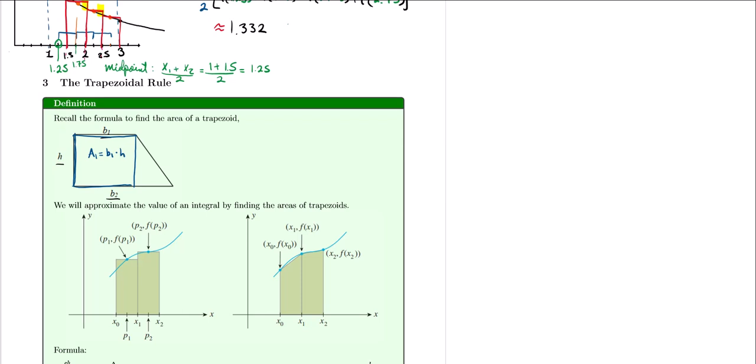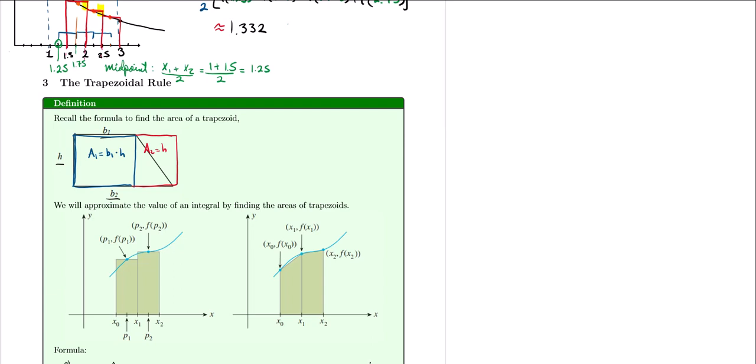Now I'm going to go ahead and create another rectangle right here. Now this other rectangle, notice that it's still going to have another height h. Now this one I'll call A2. Now A2 here is going to have a height of h. And now what is the base though?